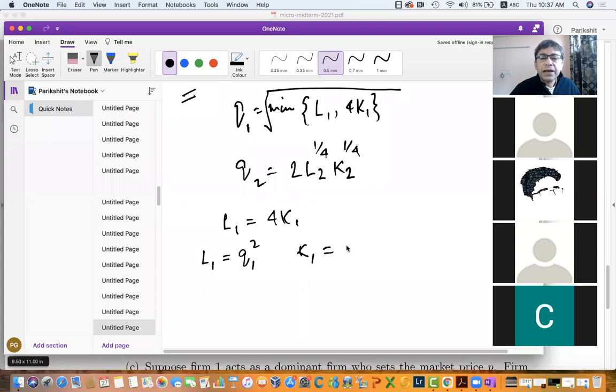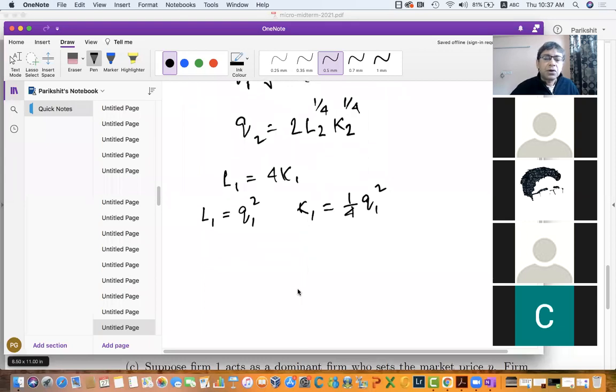So you square that and you get 1/4 Q1 squared. Okay, so what is the first cost function?